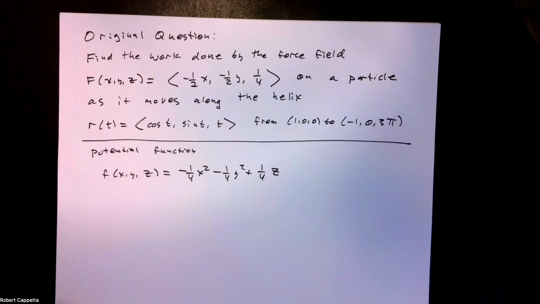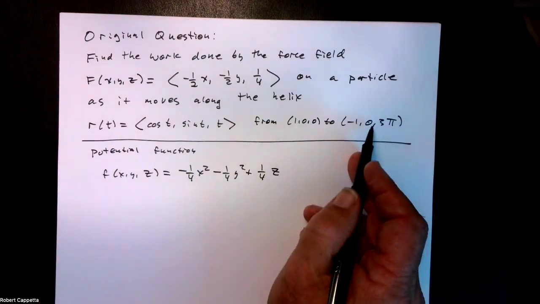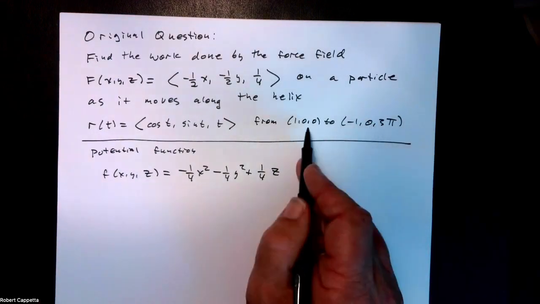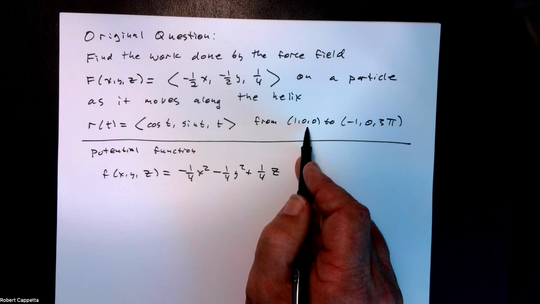We can actually use that potential function to find the work. Now, just to show you that it's going to give us the correct answer in this situation, I'm going to evaluate the potential function at the ending point and the beginning point and subtract.